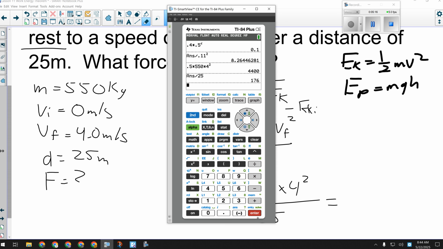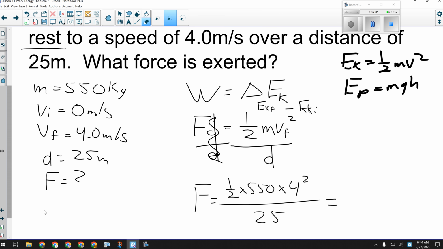The pattern is always going to be the same. That's what we have to understand. Every time we do this, we're going to write our givens. We're going to use our givens to determine whether potential energy is changing. We'll know that if there's a change in height, or if kinetic energy is changing, like in this question where there was a change in speed. Then we can go, work is a change in either kinetic or a change in potential energy.